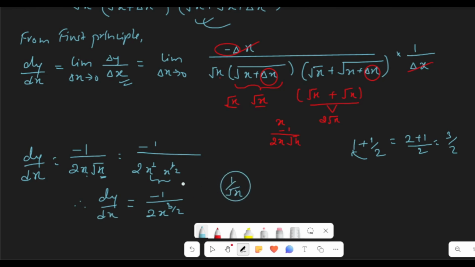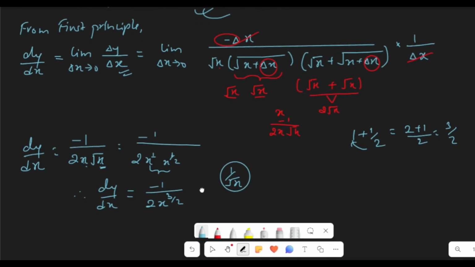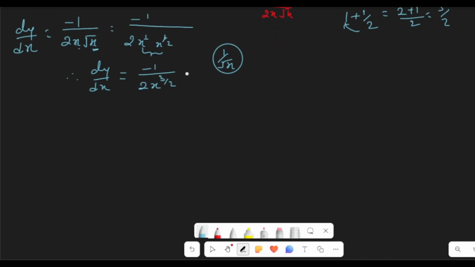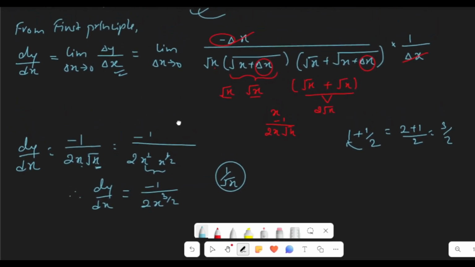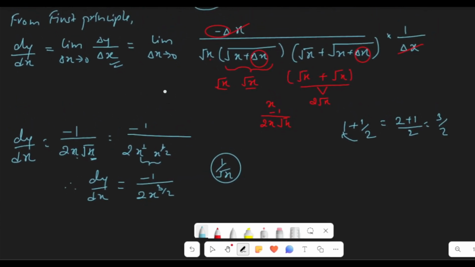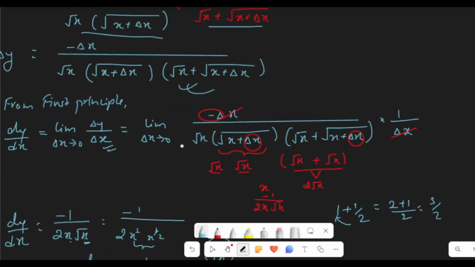Later on, we are going to state some rules for derivatives so that it will be easier for us to calculate derivatives faster. And remember, whenever we get root something minus root something, we'll have to take the conjugate in order to remove the indeterminate form later on. So we'll manipulate del y such that del x will be separated.